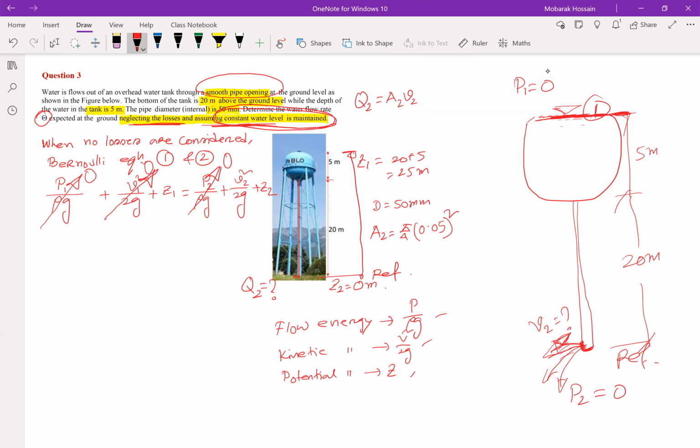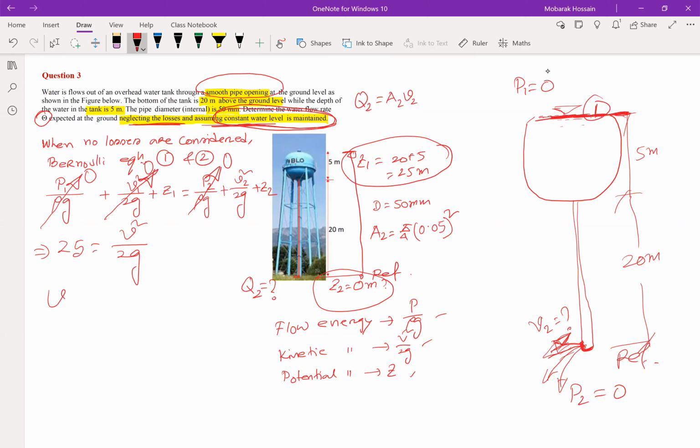Now z1, we select the bottom as the reference, so z1 is 25 and z2 is 0. If I put all the values here, z1 is 25, the velocity squared over 2g term, and z2 is 0, so only this part remains.